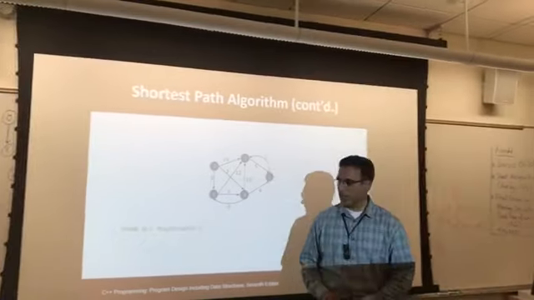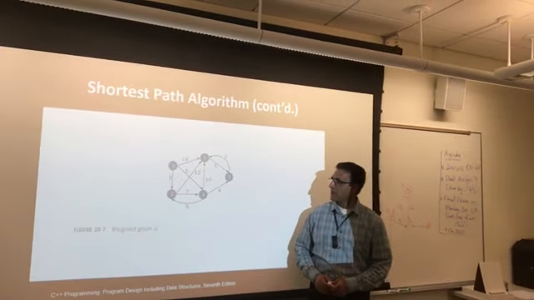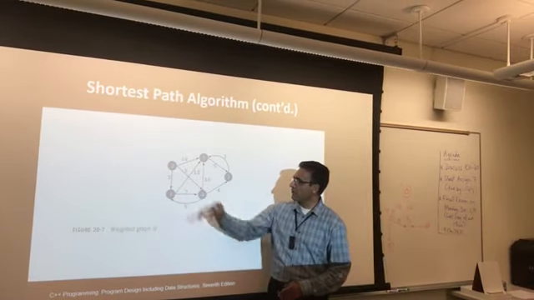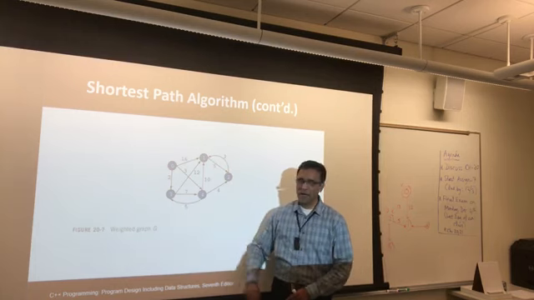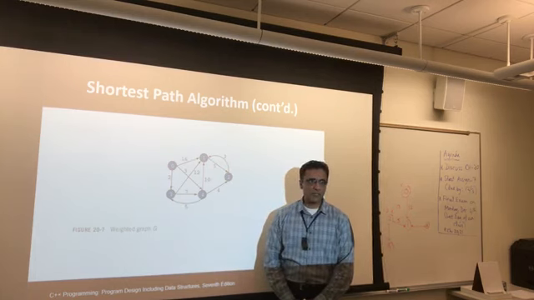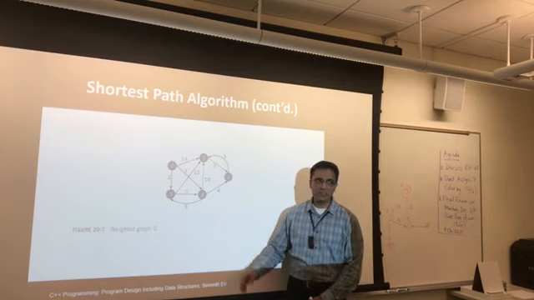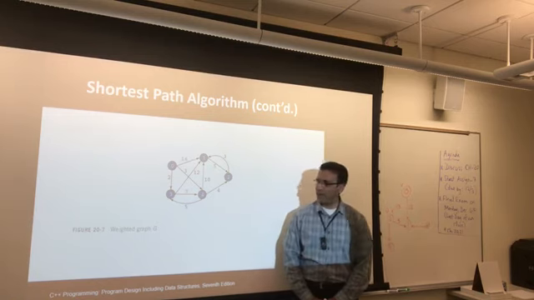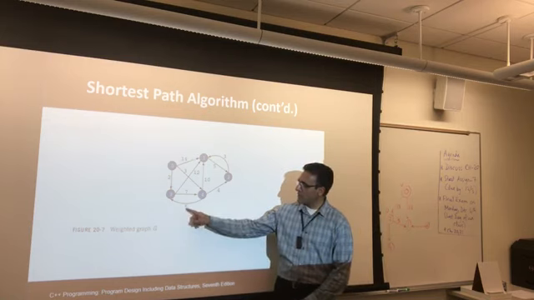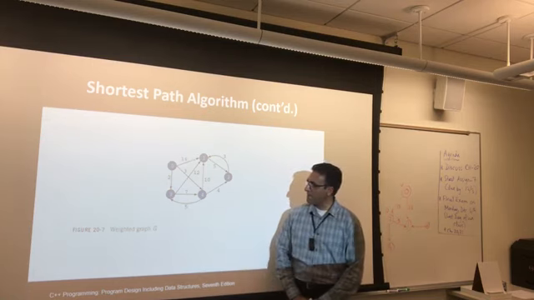So here's an example. If you can take a look at this particular graph, we have vertex 0, and then we have other vertices with it. Okay, so let's analyze this one. There are 5 or 6 slides based on this particular graph. Each one of these edges has a weight assigned to it.